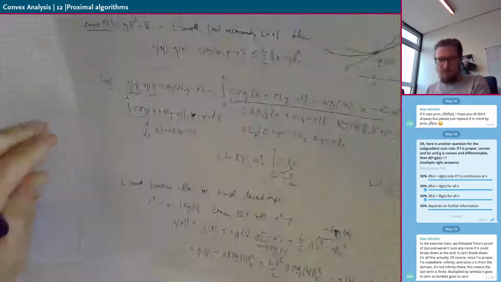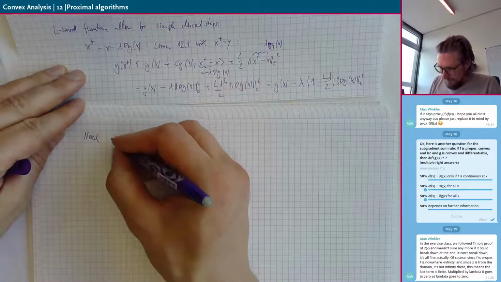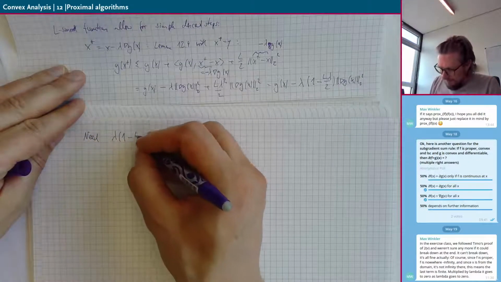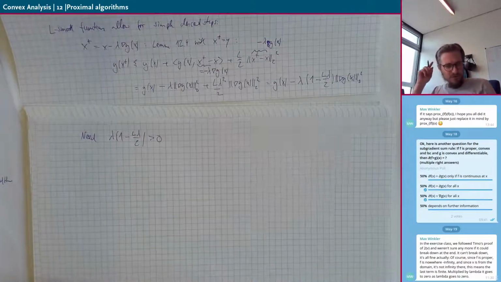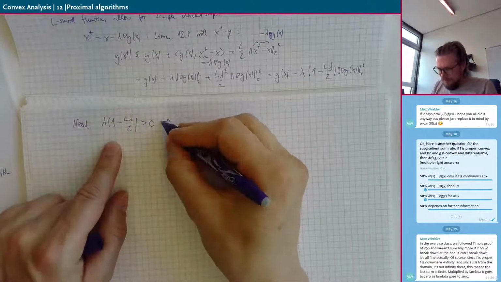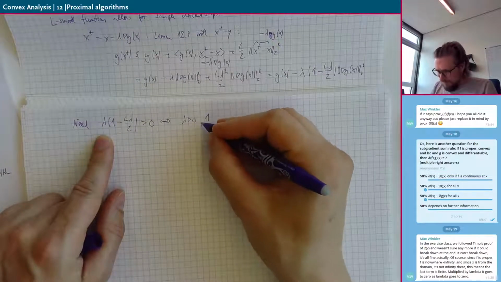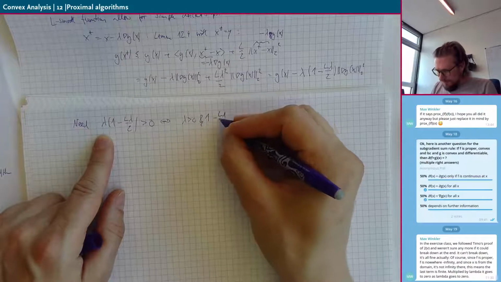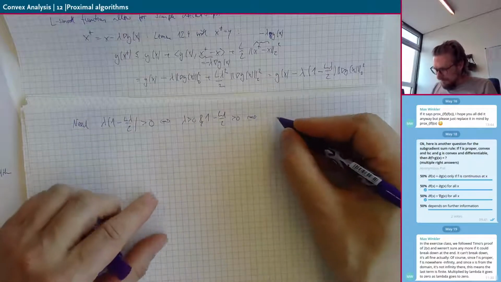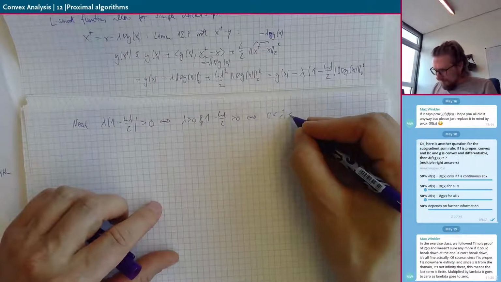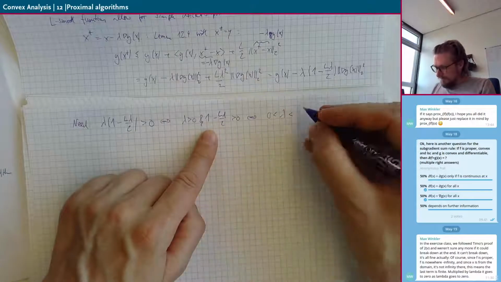So what we need is that lambda times (1 minus L lambda over 2) is positive, which means that both are positive: lambda is positive, and 1 minus L lambda over 2 is also positive. And this is the case if and only if lambda is positive, and this rearranges to an upper bound, it rearranges to lambda less than 2 over L.